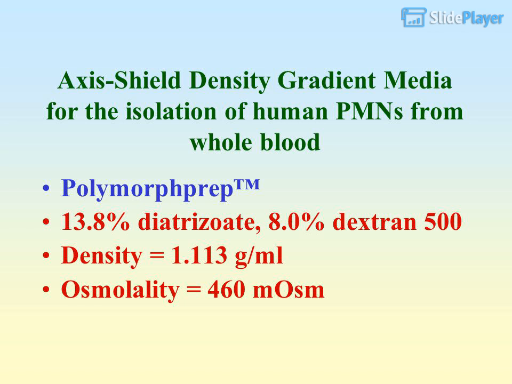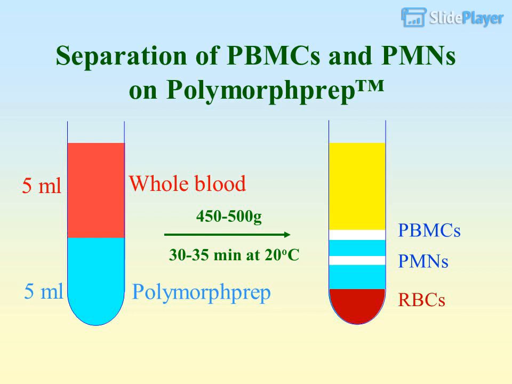Density equals 1.113 grams/ml. Osmolality equals 460 mOsm. Polymorphprep is a high-density medium containing diatrizoate and a polysaccharide that has a raised osmolality, approximately 170 mOsm greater than that of plasma. Separation of PBMCs and PMNs on Polymorphprep.